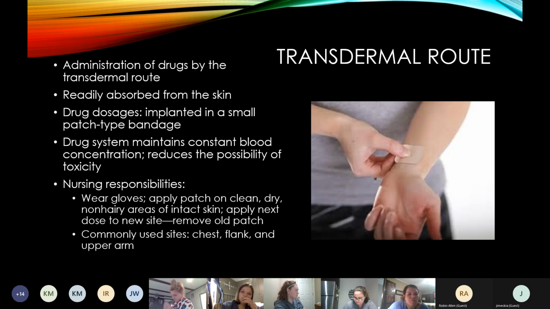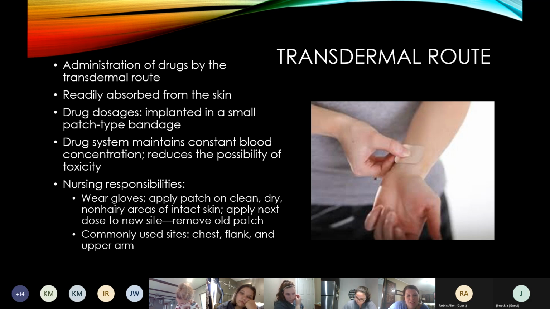Transdermal, these medications are readily absorbed from the skin. The drug itself is implanted in a small patch-type bandage. This drug system maintains constant blood concentrations and reduces the possibility of toxicity. When we are administering transdermal medications, we must wear gloves.